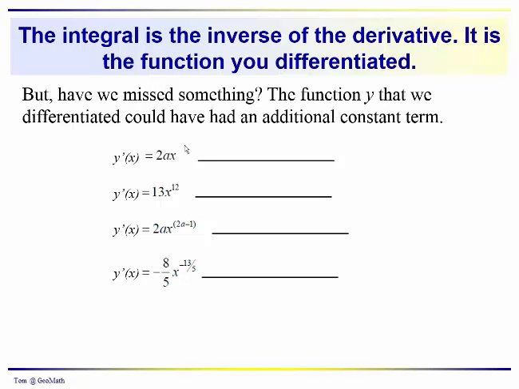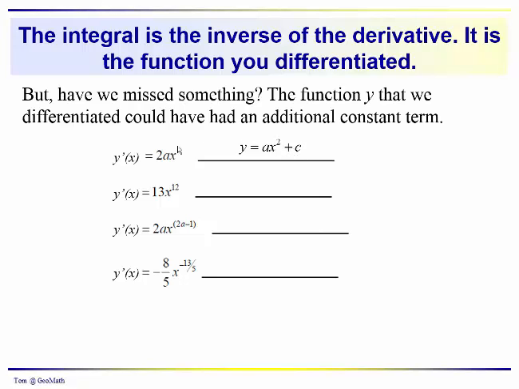But think about this for a minute. Did we miss something? The function y that we differentiated could have had an additional constant term. If we differentiate with a constant c added in here, we have no way of knowing what c is, but when we differentiate y with respect to x, the derivative of c with respect to x goes to 0.